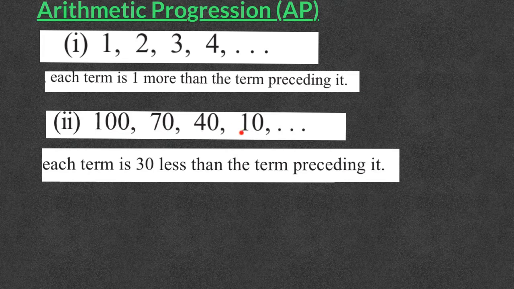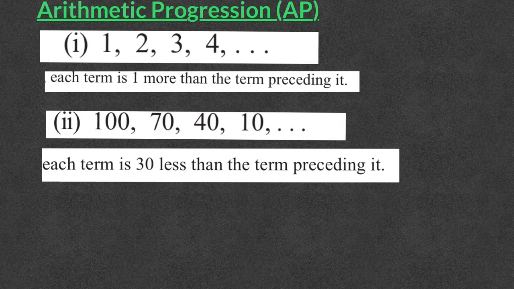So can you predict what will be the next term? It will be 30 less than 10. That means it's going to be minus 20. So each term in this series is 30 less than the term preceding it.